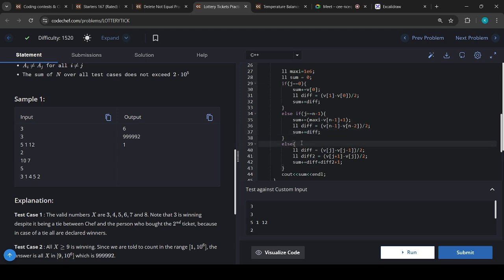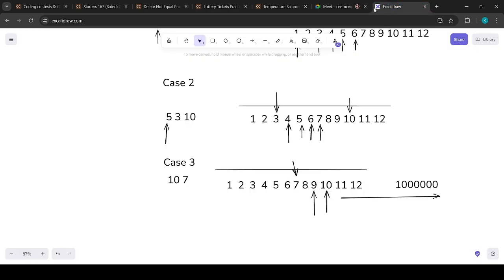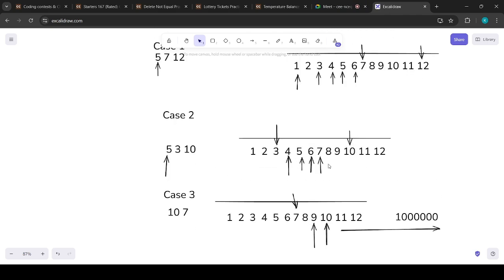And the last condition, if the number is in the middle at any position, not at the beginning and not at the end, we have to calculate all the numbers in between them.